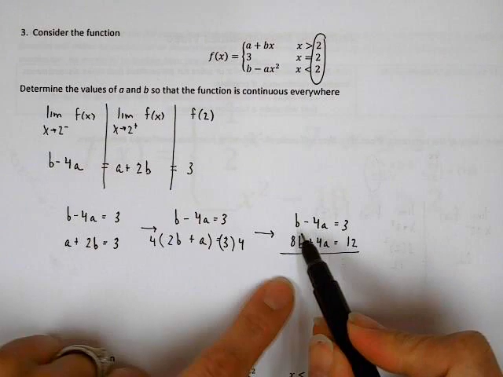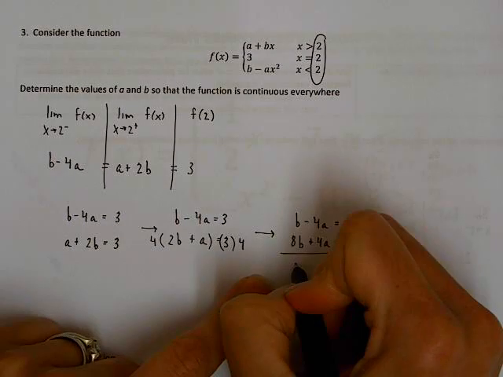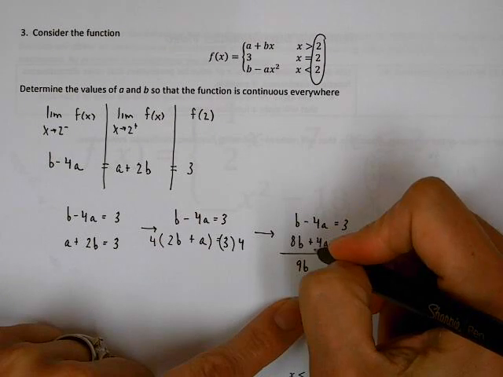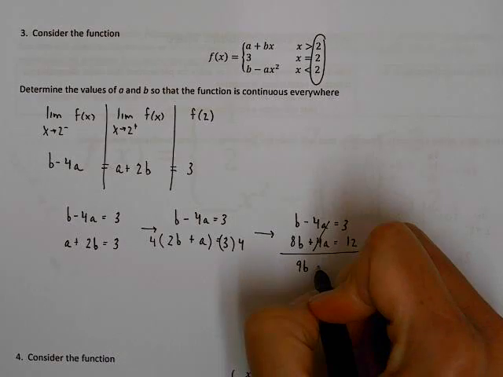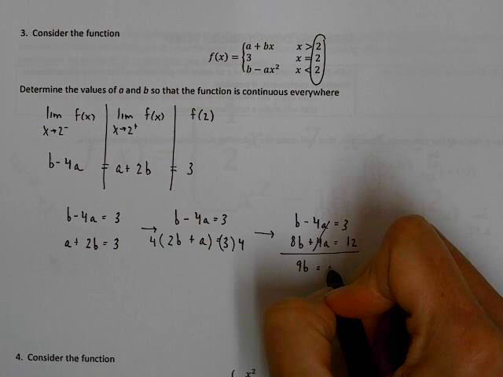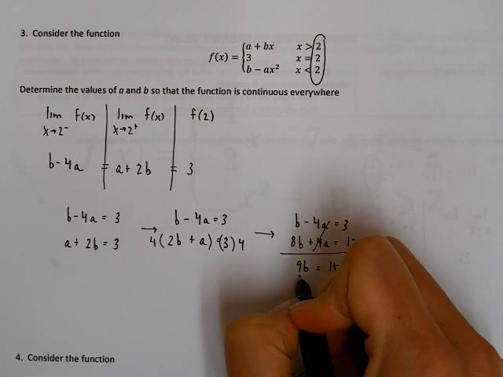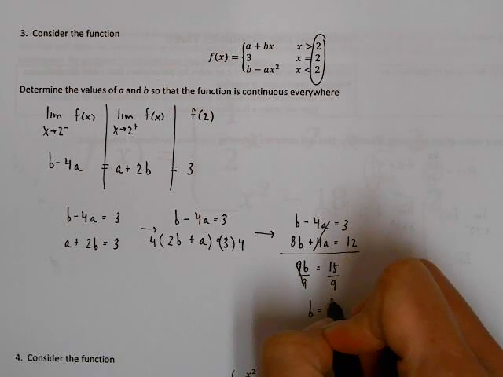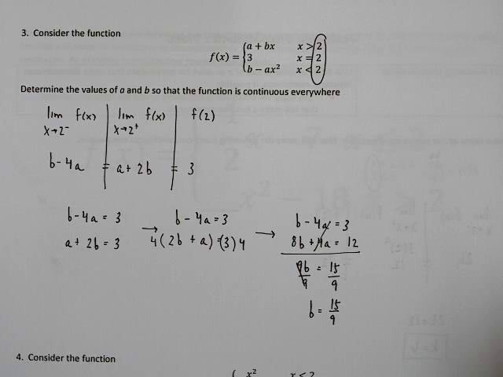And so now we're going to add. My b plus 8b gives me 9b. Negative 4a plus 4a, those cancel, which is what I wanted. And 3 plus 12 is 15. So now to solve for b, I'm going to divide by 9, and I get b equals 15 over 9.